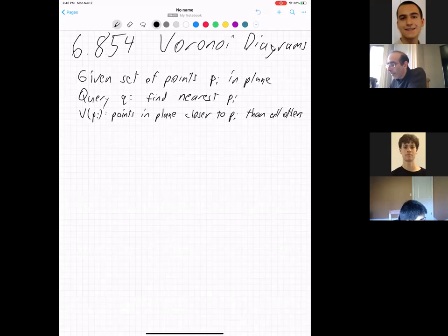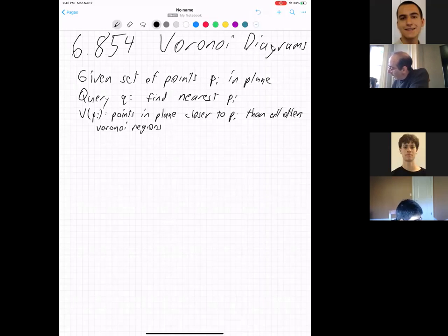These are called Voronoi regions. Okay. And let's try to understand the shape of these Voronoi regions.